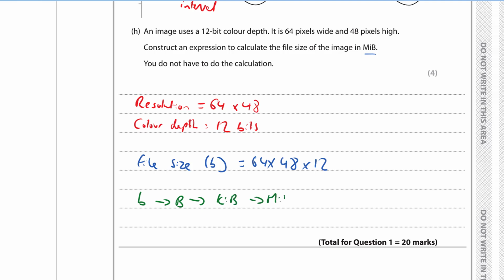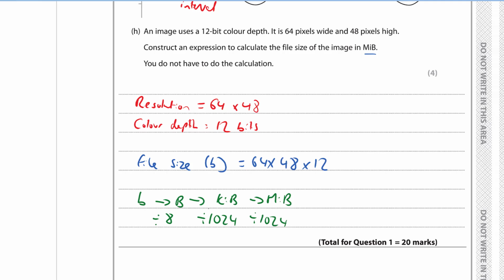Now I was saying earlier, if we're going from a small unit to a big unit, which is what we're doing here, we're going from bits to megabytes, we're going to divide. So we're going times 8 at this point, but really, I should say we're dividing by 8 at this point, because we're going from small to big. Then we're dividing by 1024, then we're dividing by 1024.